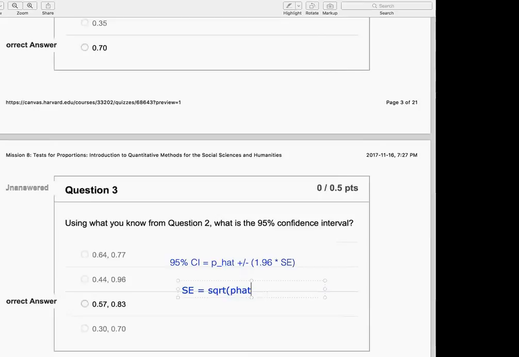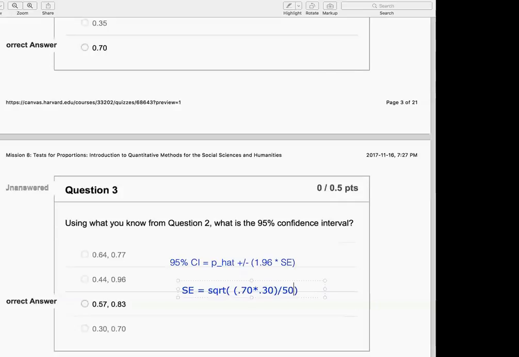I want to write this so it's not too complicated, but basically the square root of 0.7 times 0.3, divided by, let me put this numerator in parentheses, our sample size of 50.